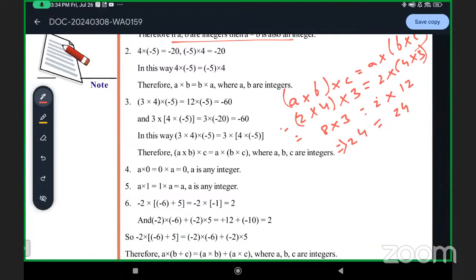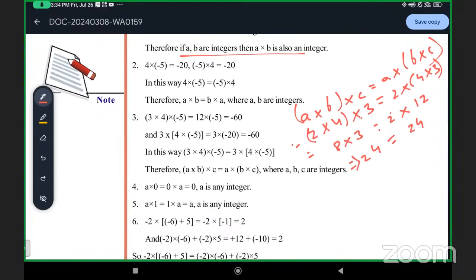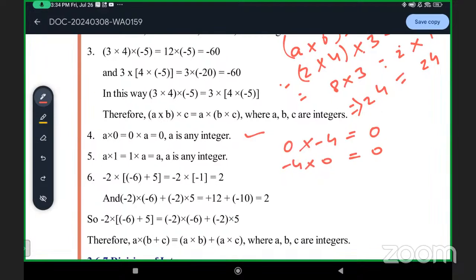Then if you multiply an integer with 0, what will you get? 0. If I do 0 into minus 4, I'll get 0. If I do minus 4 into 0, I'll get 0, where minus 4 is my integer.